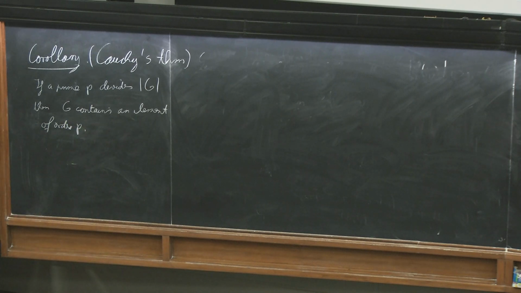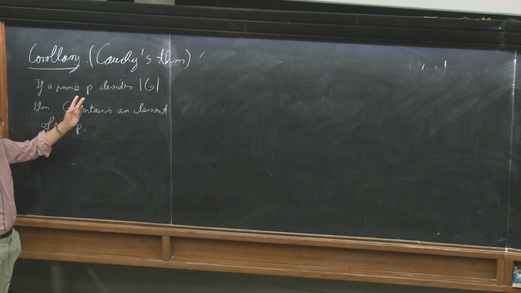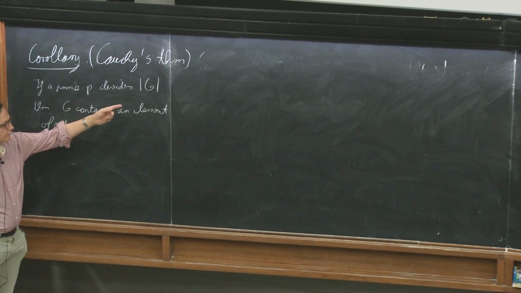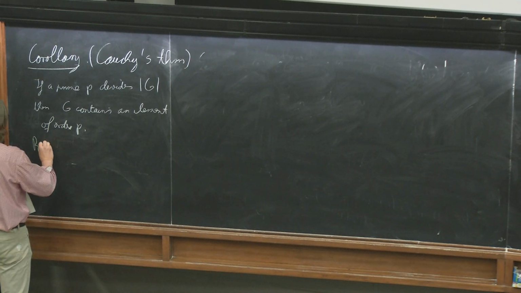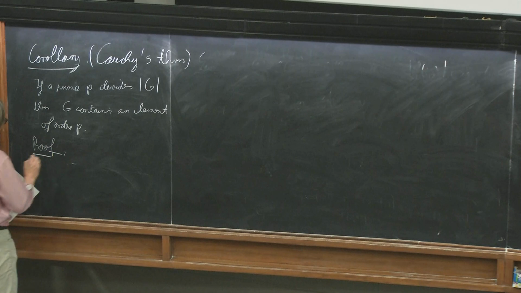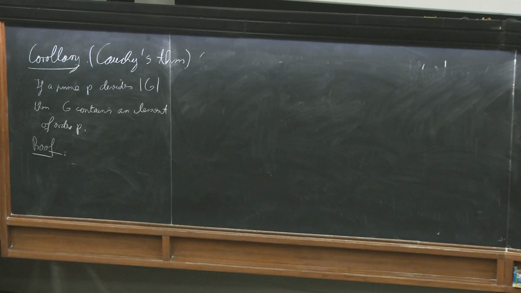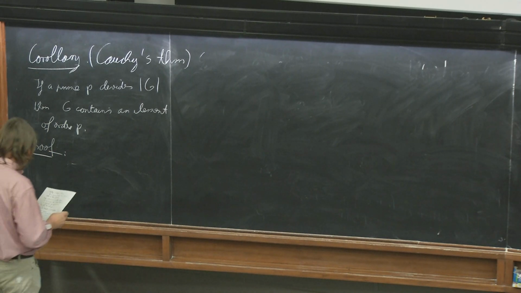It's also easy to see that in general, it's not true that for every divisor of the order of a group, there will be an element of that order. That's certainly not true. This, however, is very simple once one assumes the first Sylow theorem.